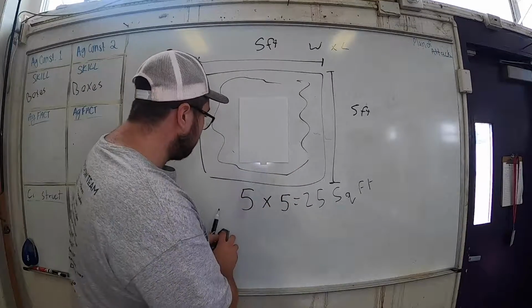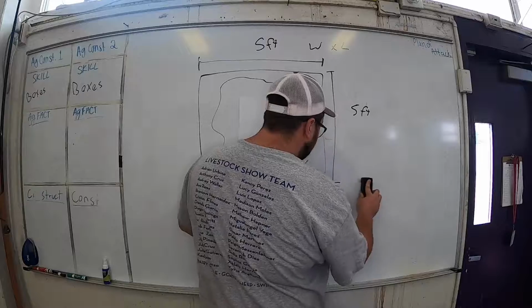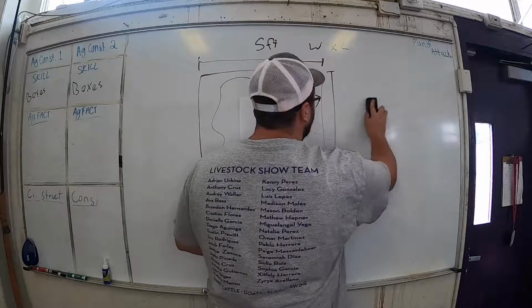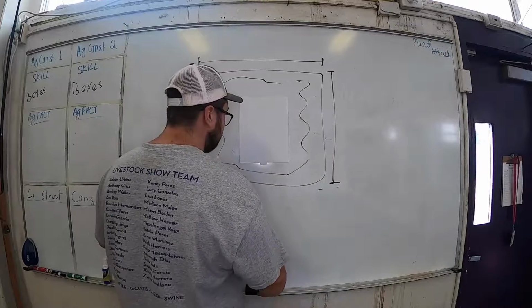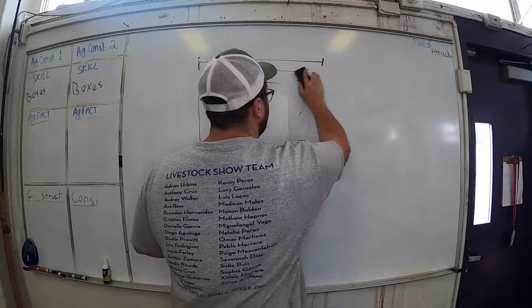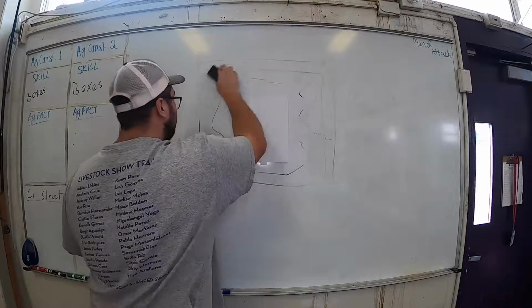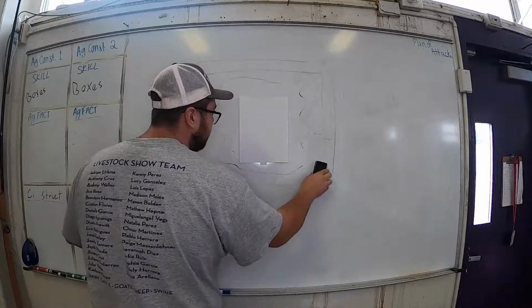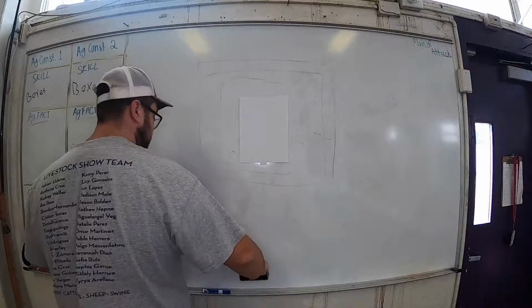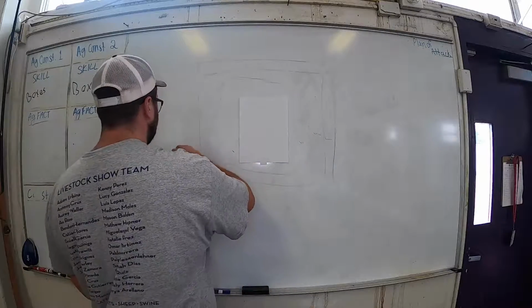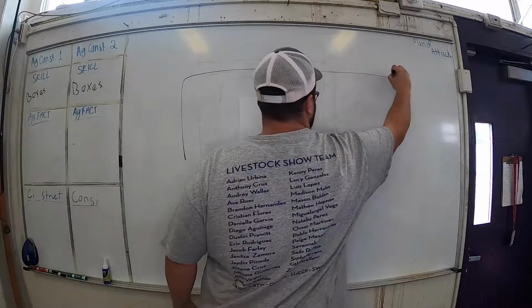So let's do something a little bit more challenging. Let's move up a little bit. Let's talk about square footage of a rectangle. So let me erase my board, and I'll get a little bit more of a difficult room here. So let's do a rectangle now.